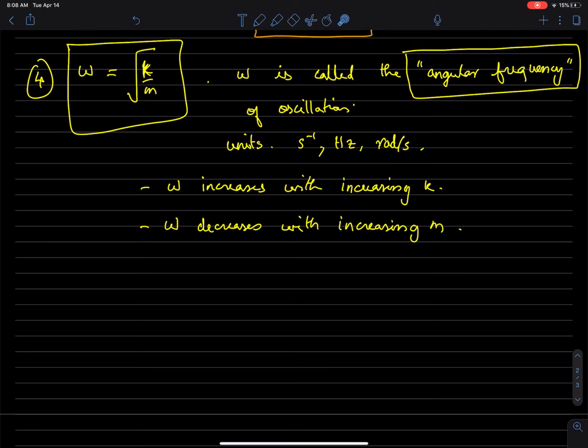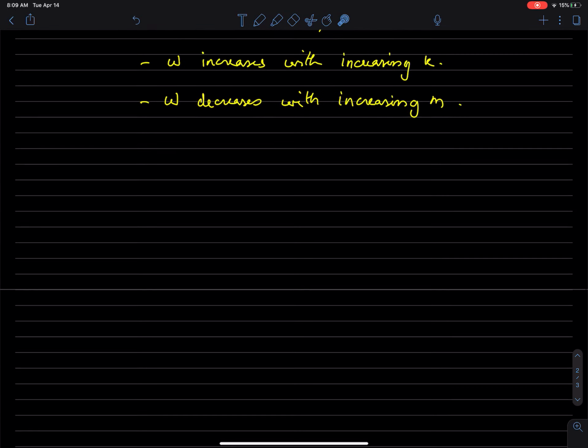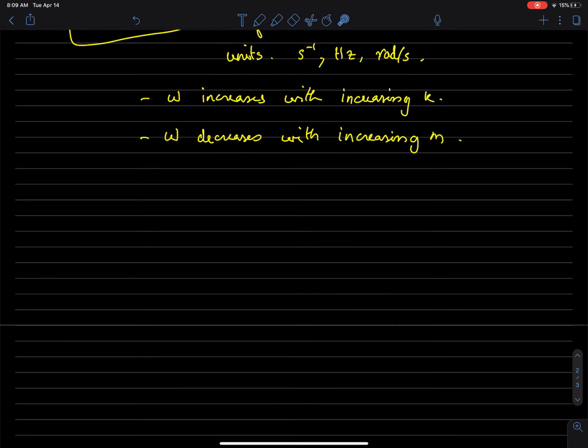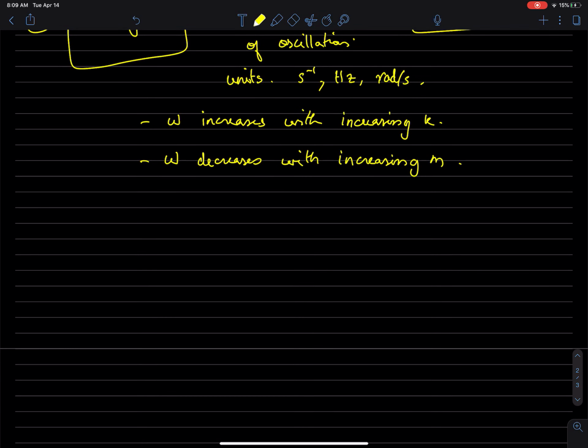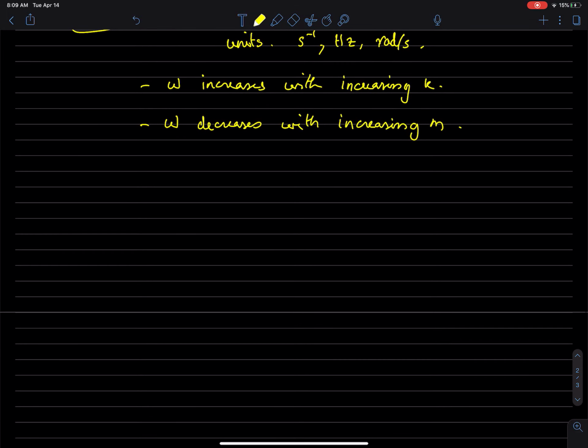Okay, so omega is called the natural angular frequency. It's also sometimes called natural frequency. So usually this quantity is denoted by omega n, which is square root of k over m.